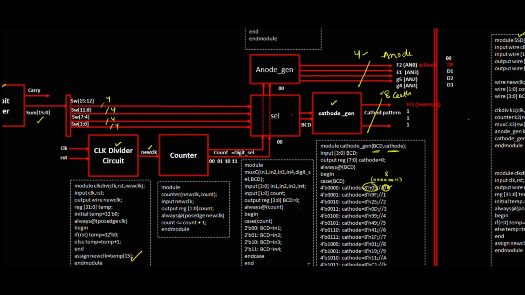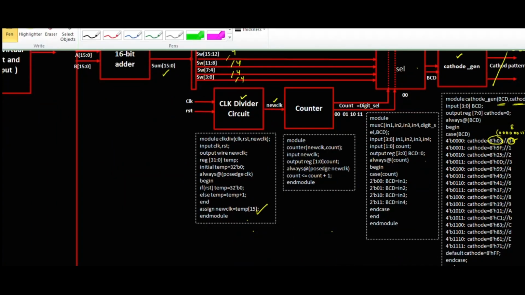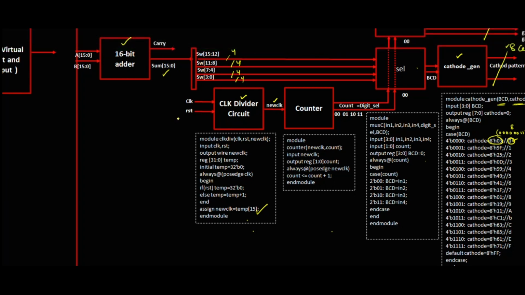The clock frequency of the particular FPGA kit, as the user manual says, is around 50 megahertz. I don't need this much frequency.